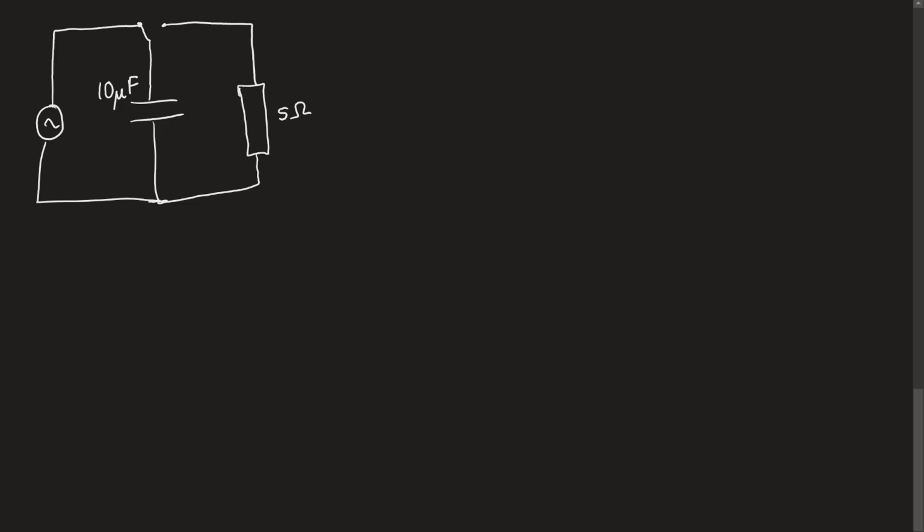That means we can instantly calculate RC, since the resistance is 5 times the capacitance, which is 10 times 10 to the minus 6, and this gives us a time constant of 5 times 10 to the minus 5 seconds. This is essentially 50 microseconds. The charge, when it's discharging, decreases to 37%.